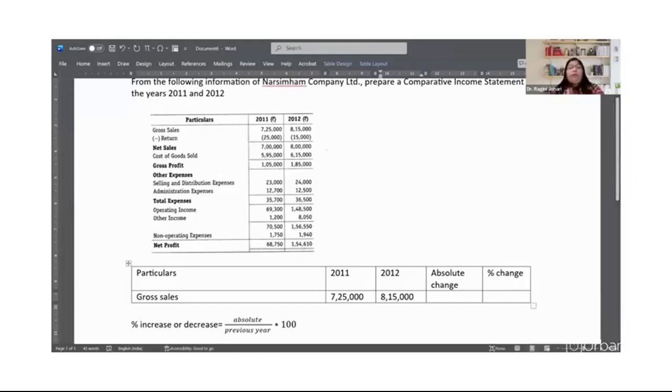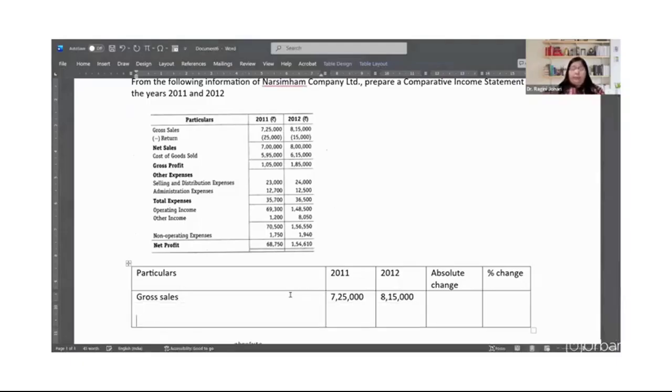Then we have returns. These returns need to be subtracted. So we do the same here. The amount to be subtracted in the previous year is 25,000, and in the current year it is 15,000.